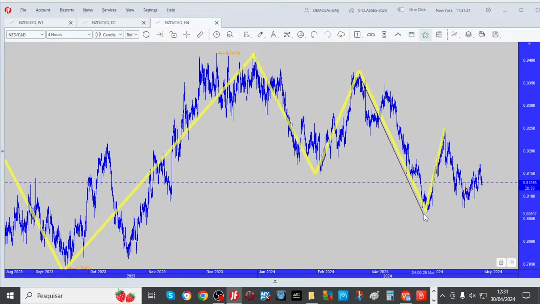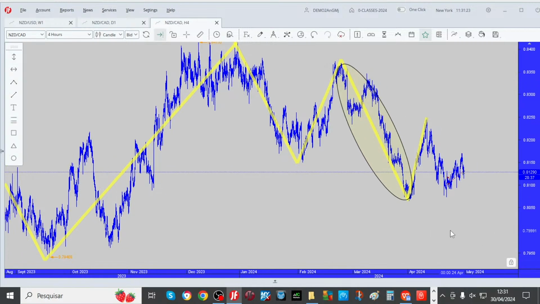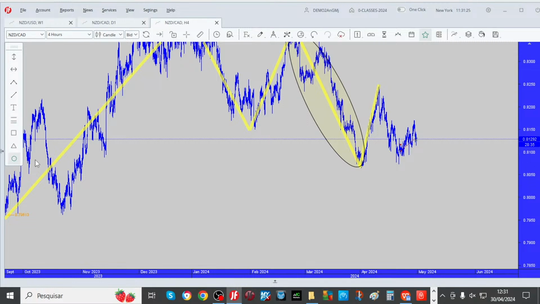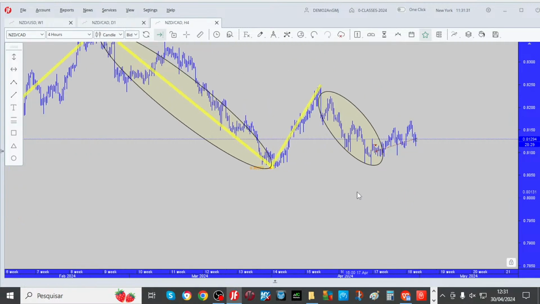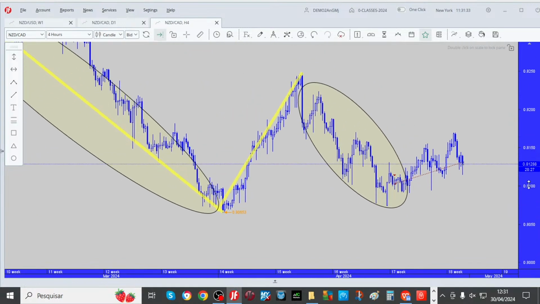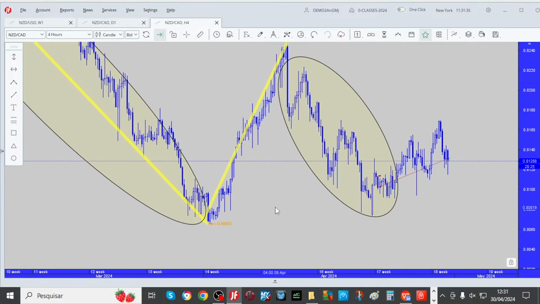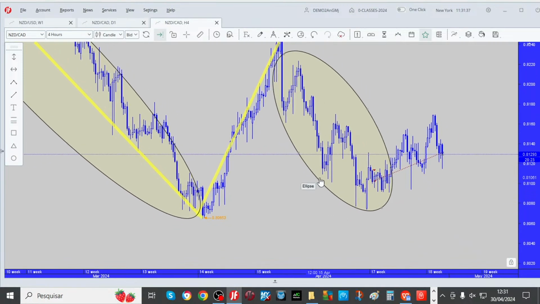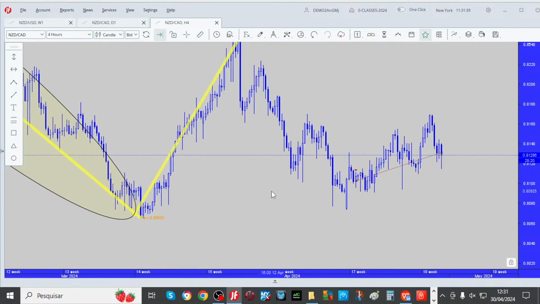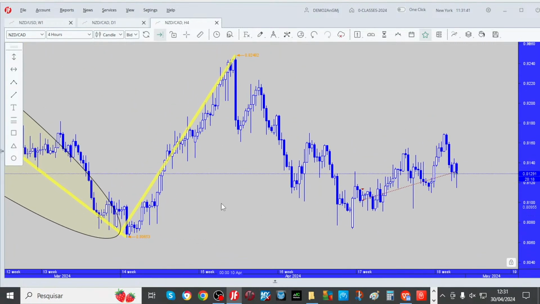I'm going to trade extensions only. As a matter of fact, I can trade an extension in here. The market was making higher highs, higher lows, higher highs, higher lows. Then it reversed and started making lower lows, lower highs, lower lows, lower highs.